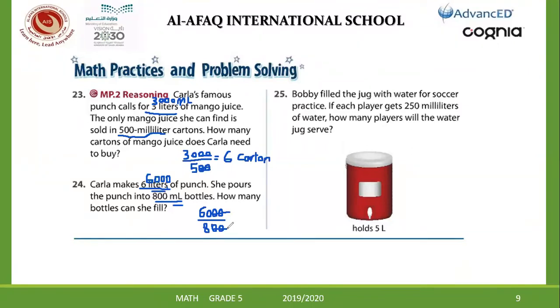The nearest number that you multiply by 8 to give you 60 or almost 60. You think about 6. 6 by 8 is 48.